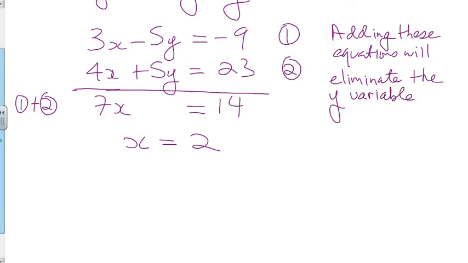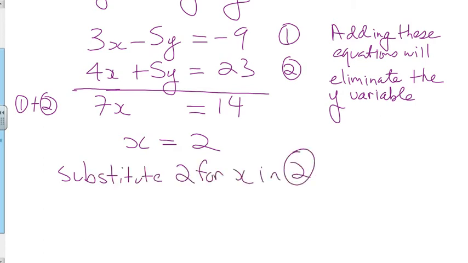Okay, thus solving for x. And once we solve for x, then we're going to substitute. So now we're going to substitute 2 for x in equation 2. Right? Wouldn't matter if you put it into 1, same thing, right? You get the same solution. There's only one answer for it.